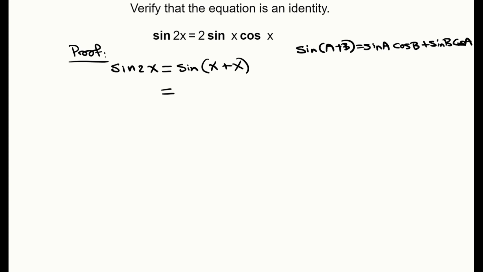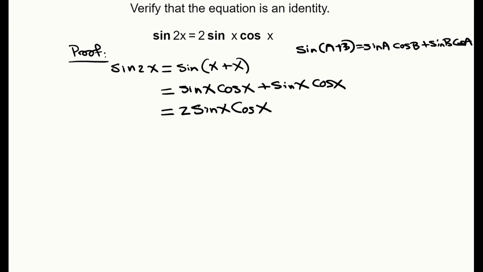So applying that, and remember a and b are going to be both the same, namely x. So we get sine x cosine x plus, yet again, sine x cosine x. So notice we end up with 2 sine x cosine x.